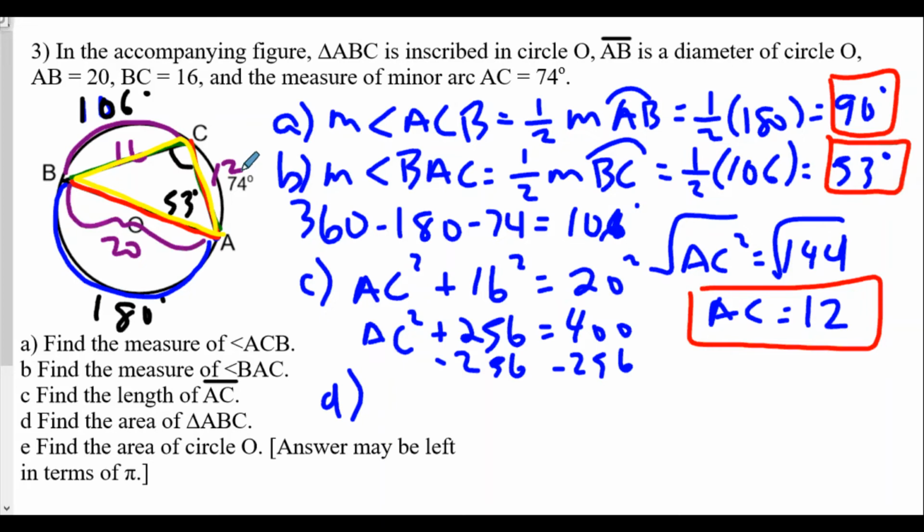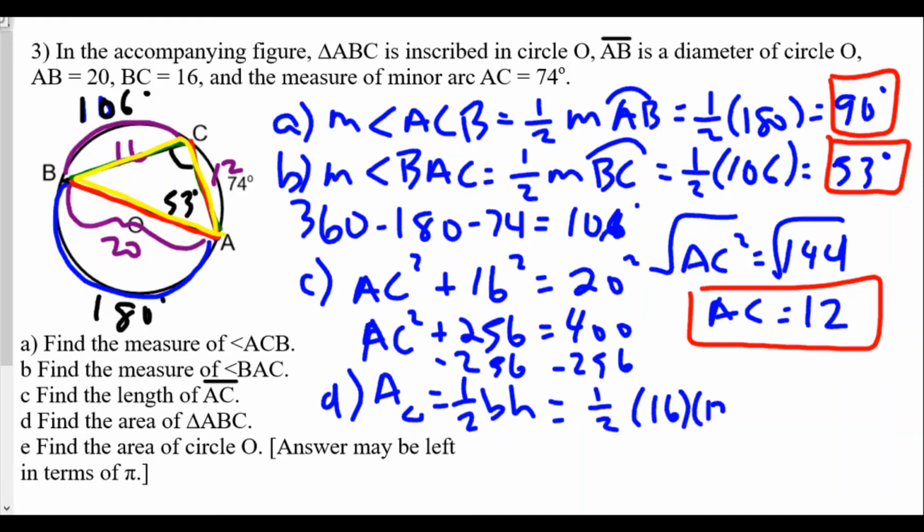But because this is a right triangle, we can just use our area formula, which is 1/2 base times height. The base and the height in this case are the two legs of the right triangle. So that would be 1/2 times 16 times 12, which is 96 units squared.